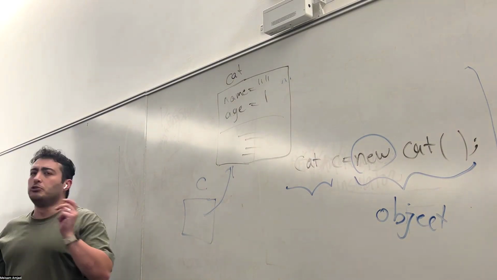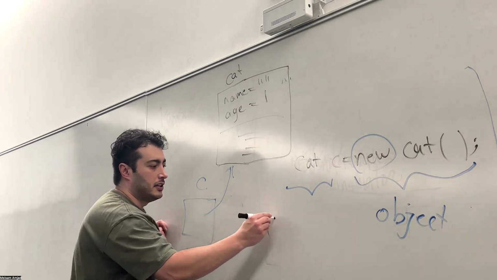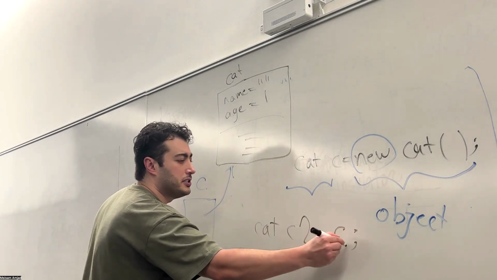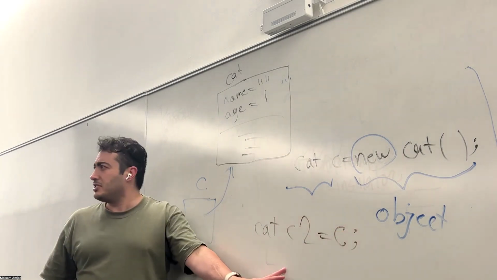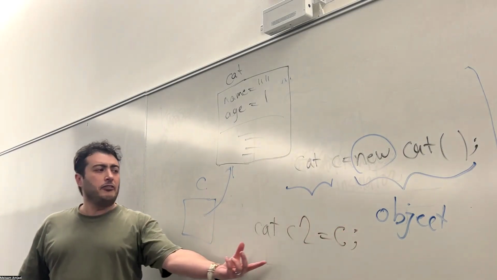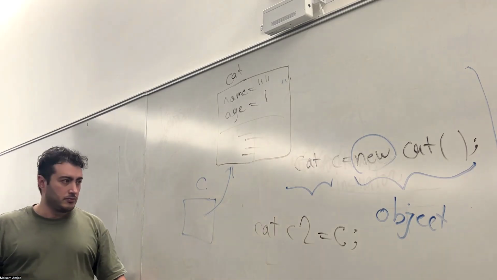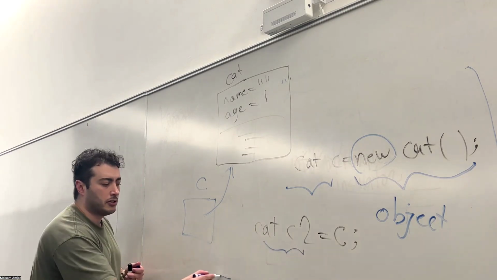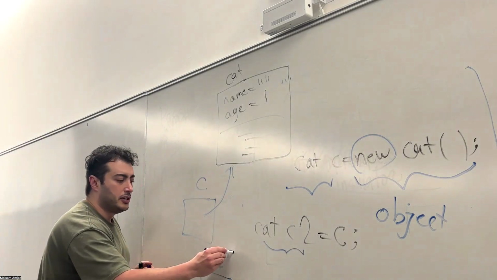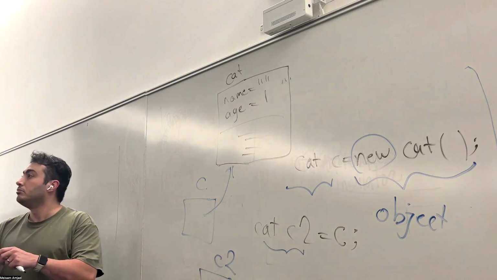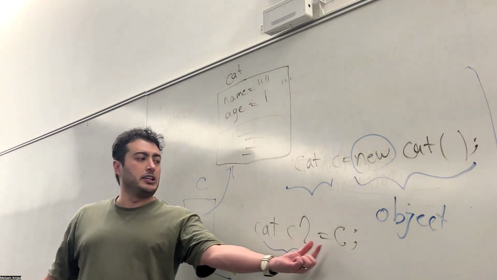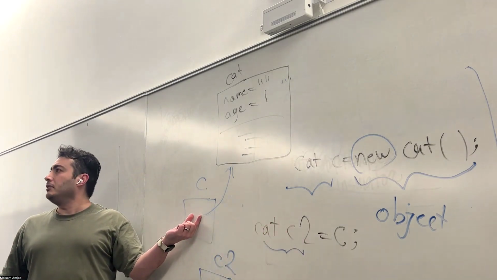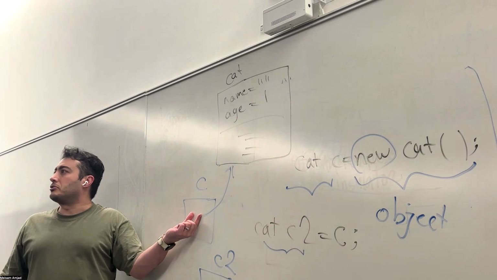So now if I just do Cat c2 = c. Can you guys see it? Okay. Same thing. This is the variable. Java goes somewhere else, creates c2, and then I'm assigning c to c2. What c is holding is a memory location.